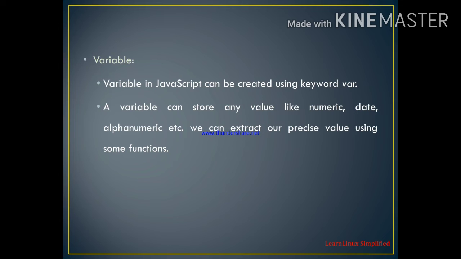Then we have certain functions like parseFloat, parseInt, parseNumber. Through those functions we can deal with the numeric value from that variable's given value. Okay, example: var myVariable. Here myVariable is the name of the variable. It will create a variable named myVariable. Okay, next thing is alert.